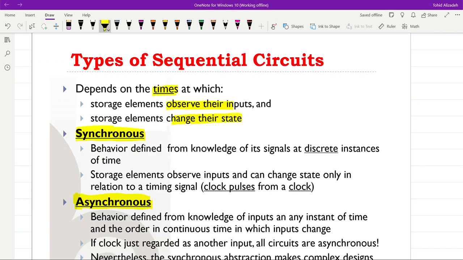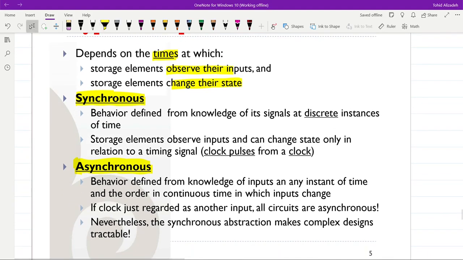If the storage elements, which are going to be latches and flip-flops, could receive the input at any time instant, and they can change their output or their stored value at any time, then the system will be called asynchronous. But for the synchronous case, the behavior will be defined from the knowledge of its signals at discrete instances of time.